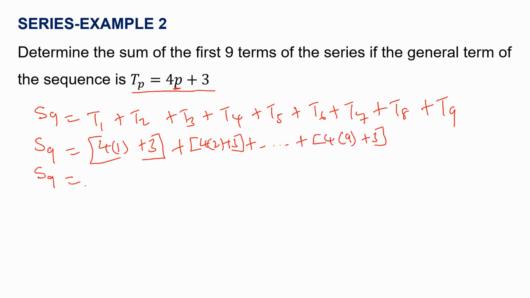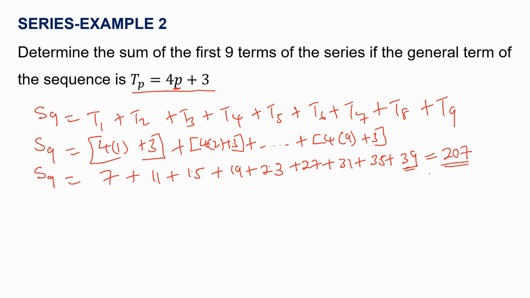S9 is equal to term number 1, 4 times 1 plus 3, that is 7, plus 4 times 2 plus 3, that is 11, 4 times 3 plus 3, that is 15, 4 times 4 plus 3, that is 19. It goes on like that till the last term, which is term number 9. And then you add all these, you get 207. So S9 is 207.